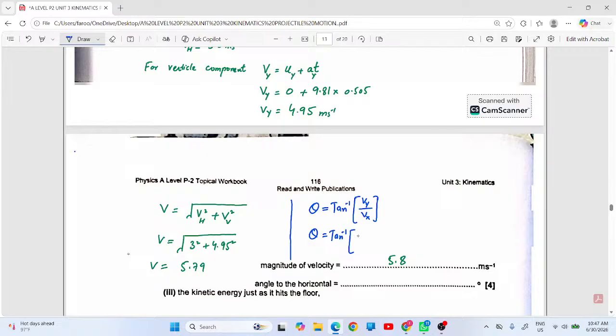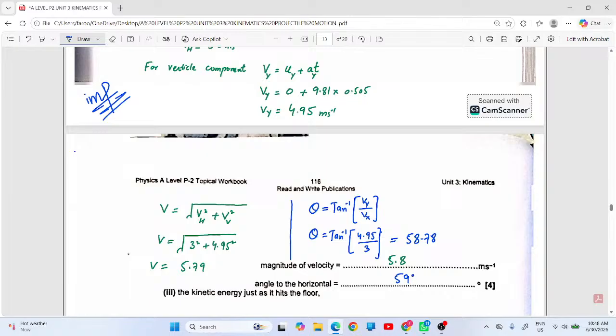Vy is the vertical component, 4.95. Horizontal is 3. Very simple. 58.78. So this will be 59.